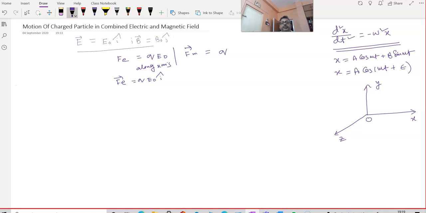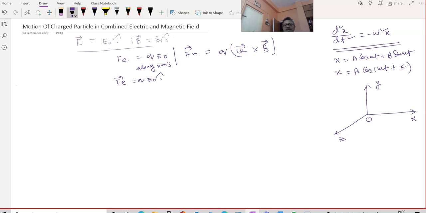Fm will be what? This will be q v cross B. This is a problem here. What B and what v? v is not given. So which B are you going to consider? My argument is that initially, the charged particle was not moving. At t equal to 0, its position 0, velocity 0, everything 0.